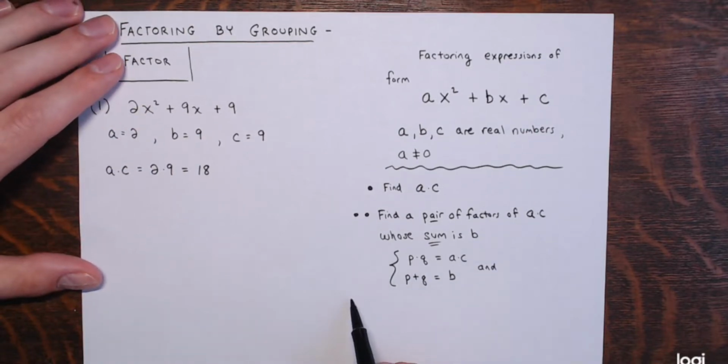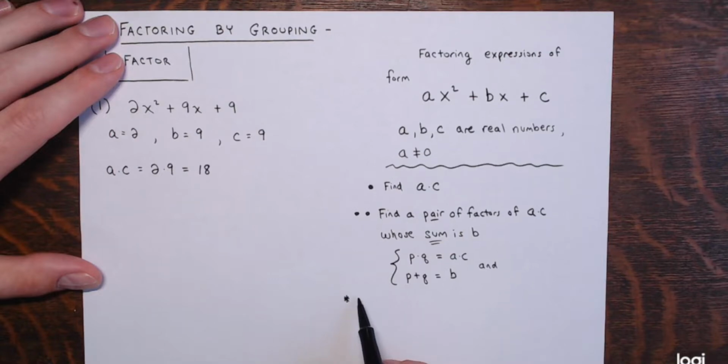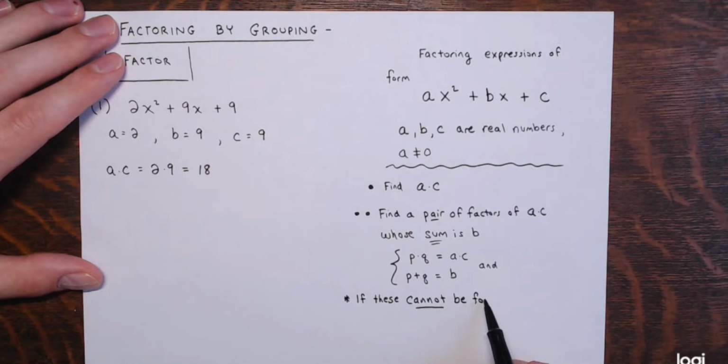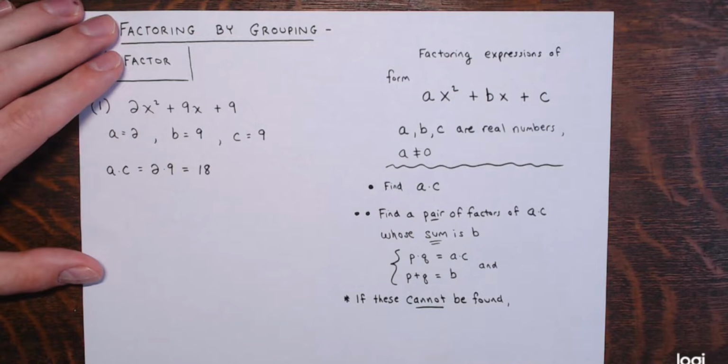I'll put a little note here. If these cannot be found, then we're just going to consider the polynomial prime.